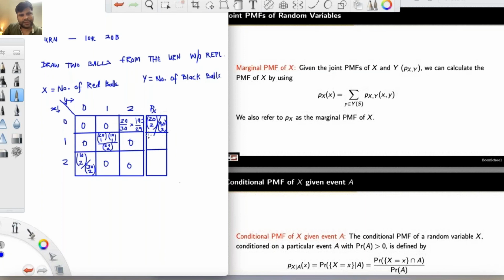This is again 20 choose 1 times 10 choose 1 divided by 30 choose 2. And what about this one? This is again 10 choose 2 divided by 30 choose 2. That's the marginal of X. Similarly, you can figure out the marginal of Y by summing here in this way. Is that clear?